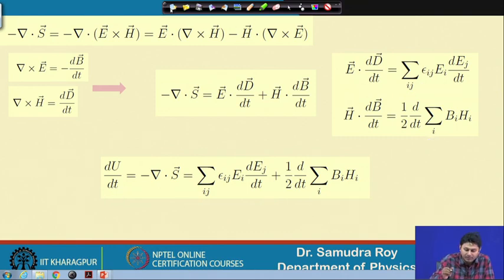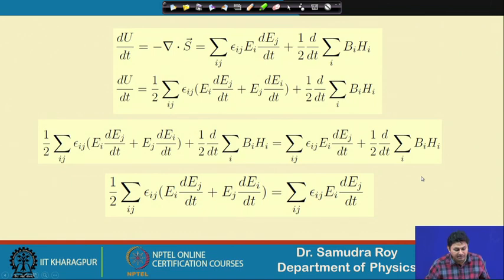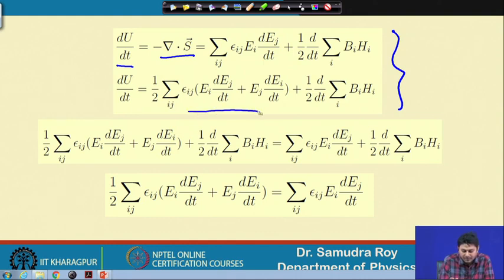Now, if I compare, which I will do in the next slide, these two things, then I will have the same expression, but two different forms. So, this is the comparison between two expressions. This is coming from this Poynting vector and this term is coming by using the u. So, these two things are eventually the same thing, but we have two different equations.